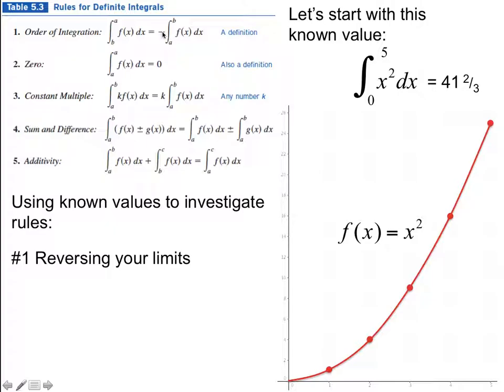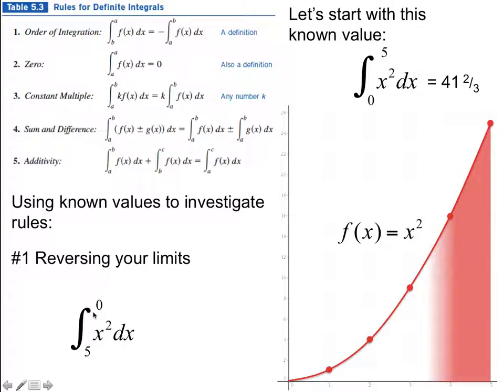That's sweeping through the region backwards, so we're going to put a minus sign in front of that. If we know this is 41 2/3, and we sweep from 5 to 0, sweeping backwards, that's going to be negative 41 2/3. So sweeping forwards and sweeping backwards have two different values.